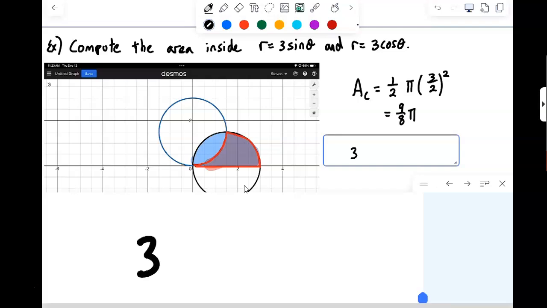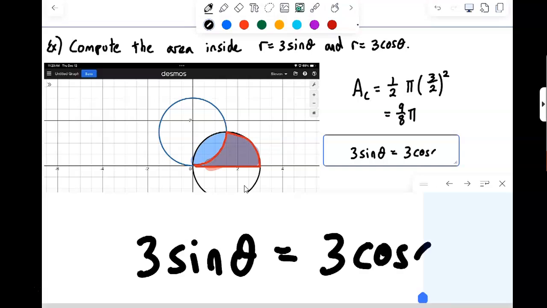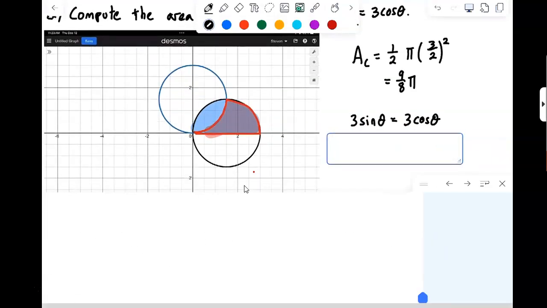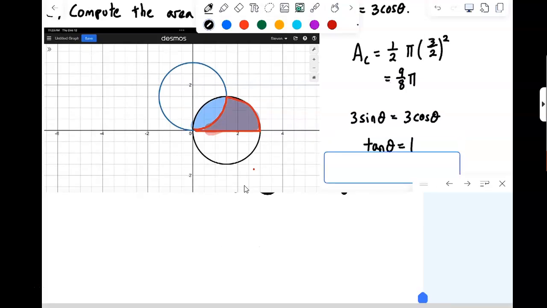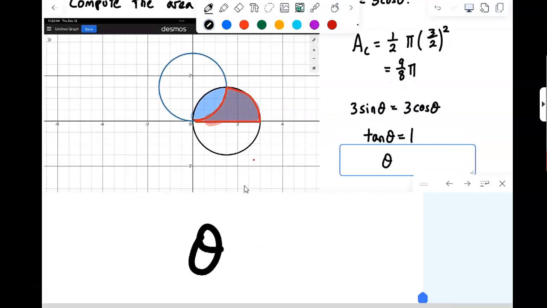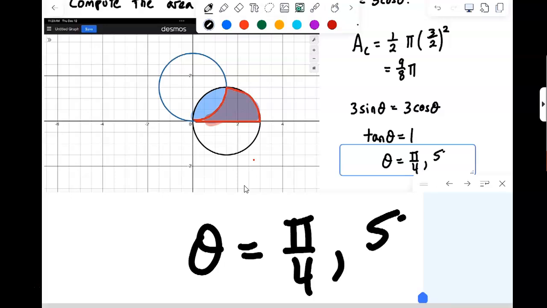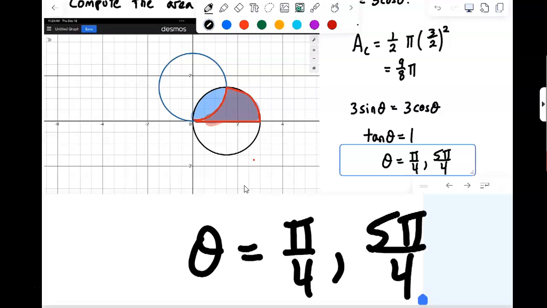So we can just set 3 sine theta equal to 3 cosine theta, and divide both sides by 3 cosine theta, and we get tangent theta equals 1, and tangent theta leads to two solutions of pi over 4 and 5 pi over 4.